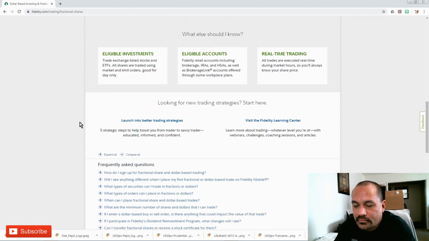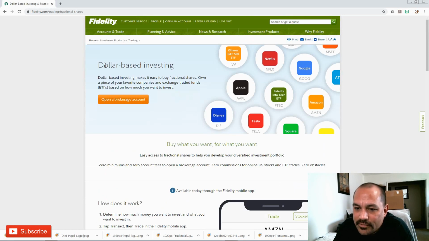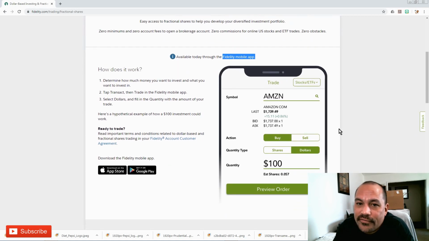Now, the only other thing is, I keep calling it fractional, but they call it dollar-based investing, and it's only available through the Fidelity mobile app. So you have to download the app and trade from your phone.